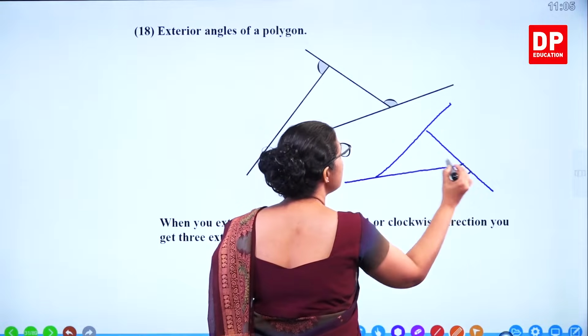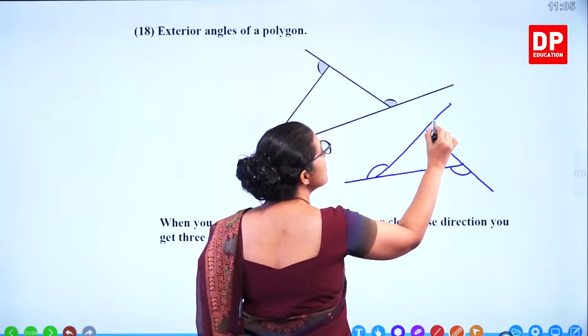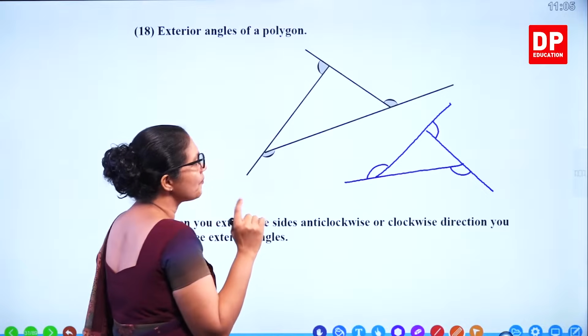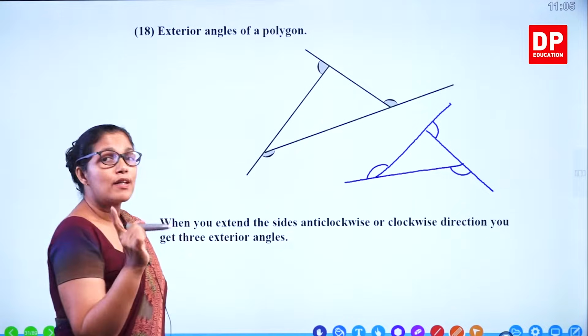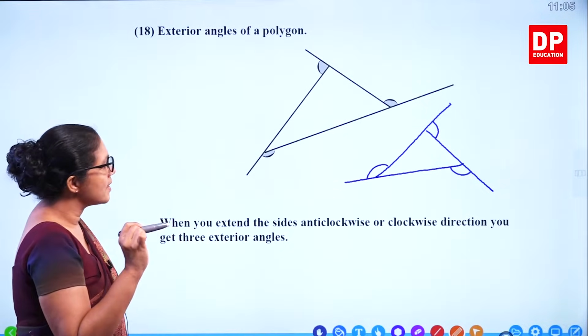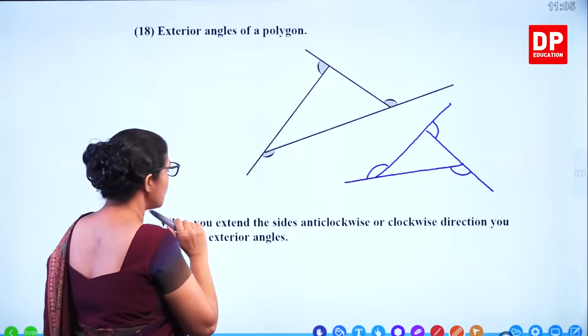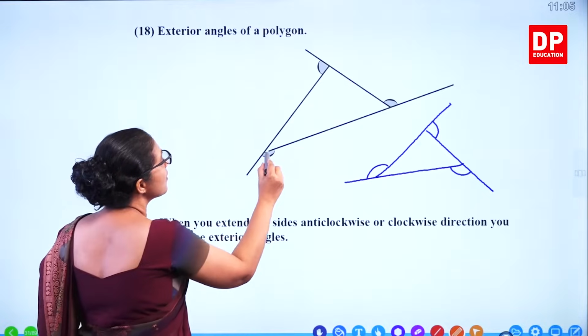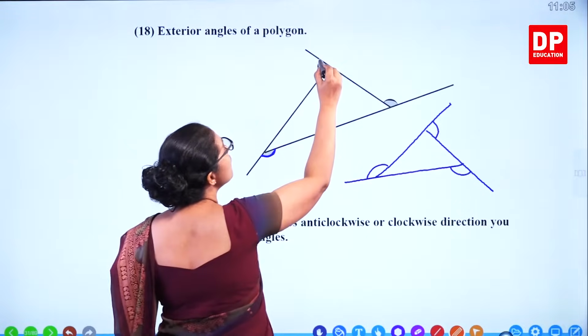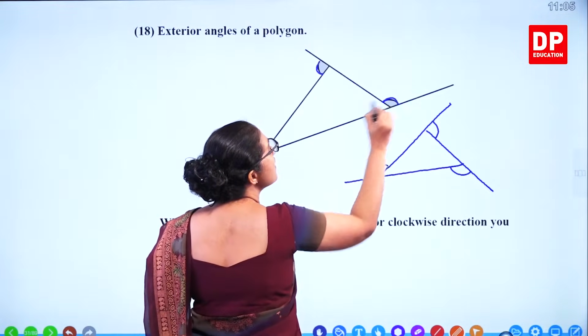Then you get these exterior angles. You have to select either clockwise or anti-clockwise. So this is anti-clockwise. We'll try to find the sum of these 3 exterior angles.